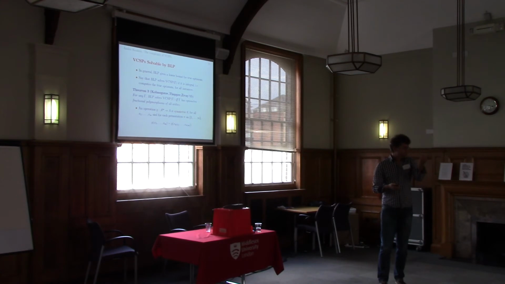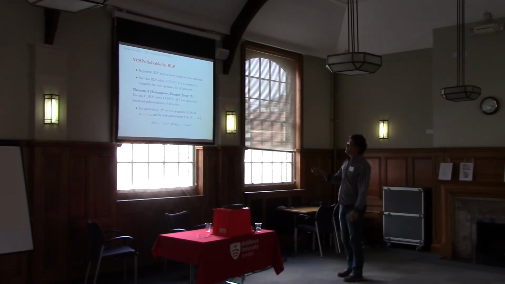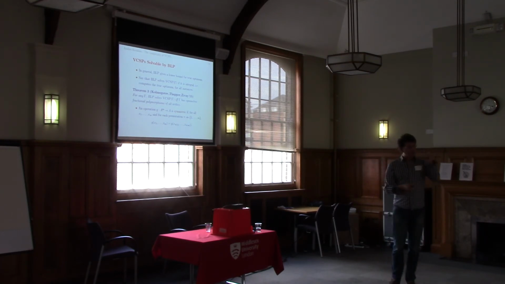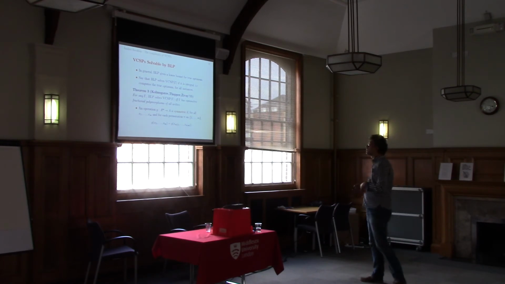Sometimes it goes down, sometimes it doesn't. Sometimes it stays the same. In this case, we say that the LP is integral, so there is an optimal solution that is integral. This means that BLP computes the true optimum for your original VCSP instance. And in fact, VCSPs for which BLP, this linear programming relaxation, always computes the true optimum have been characterized in a certain way.